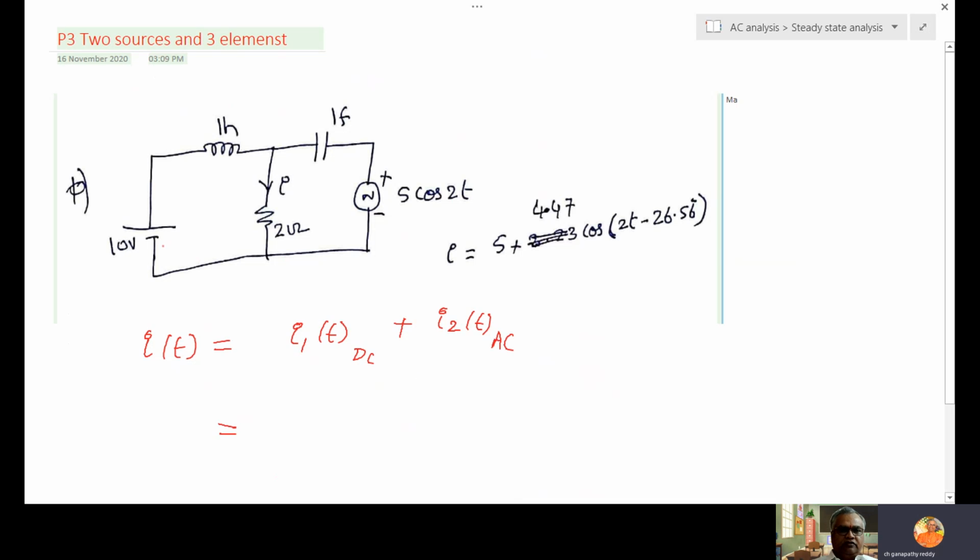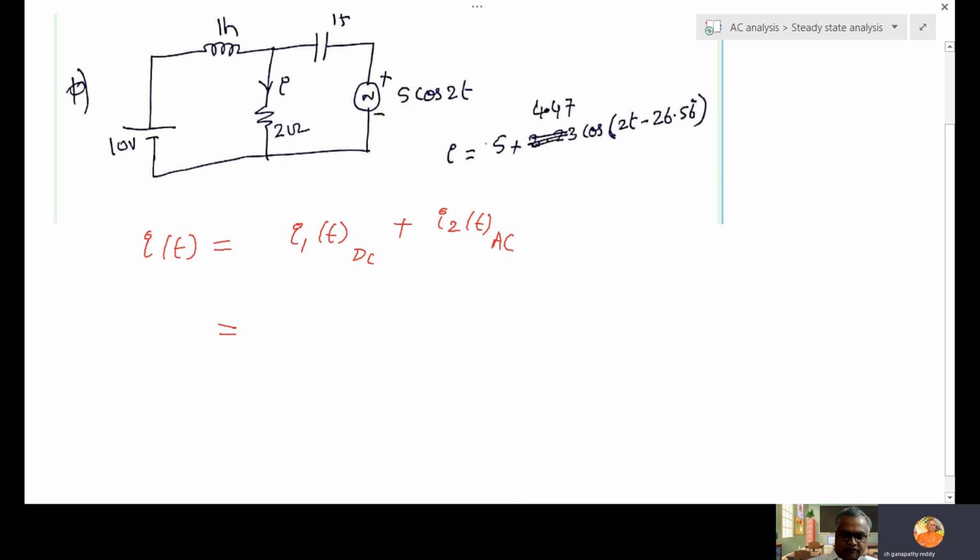With the DC, inductor is short, capacitor is open. Inductor is short, capacitor is open. Or if you want, I can draw again.